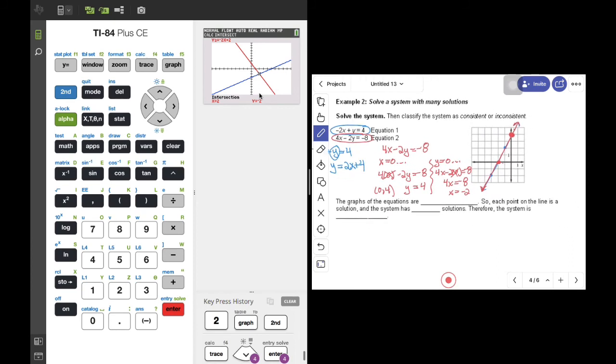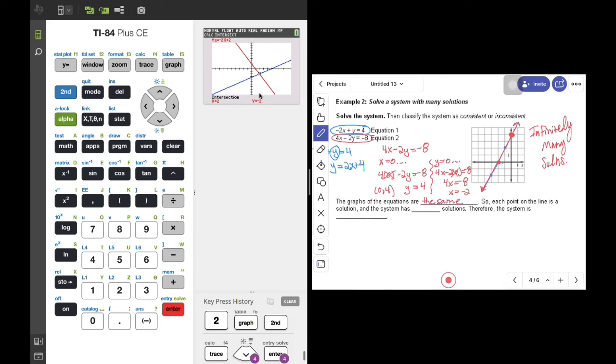But what we notice is that there are now infinitely many solutions. I think I spelled that wrong. Infinitely many solutions. So these lines actually coincided. So the graphs of the equations are the same or identical.